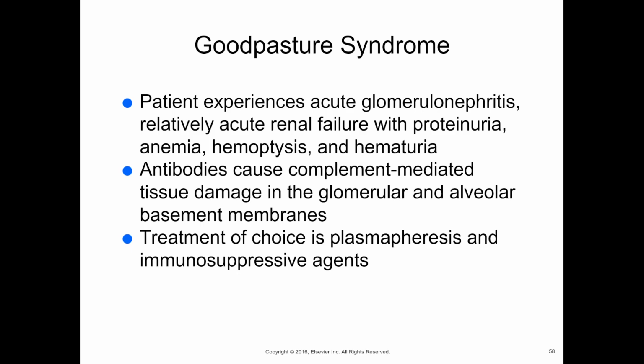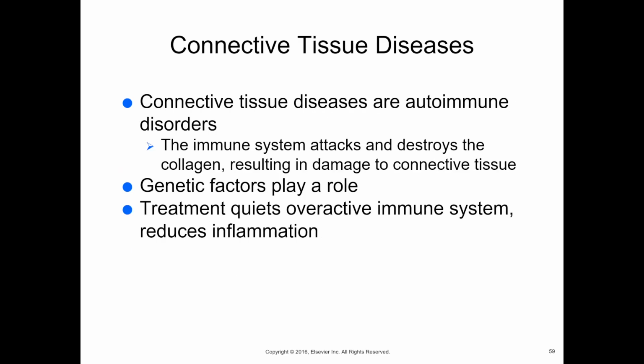It's a very life-threatening condition and essentially can cause glomerulonephritis and pulmonary hemorrhaging. Typically self-limited, but if somebody has Goodpasture syndrome, they need a pulmonologist, they need a nephrologist, and it's very important to have treatment effectively.